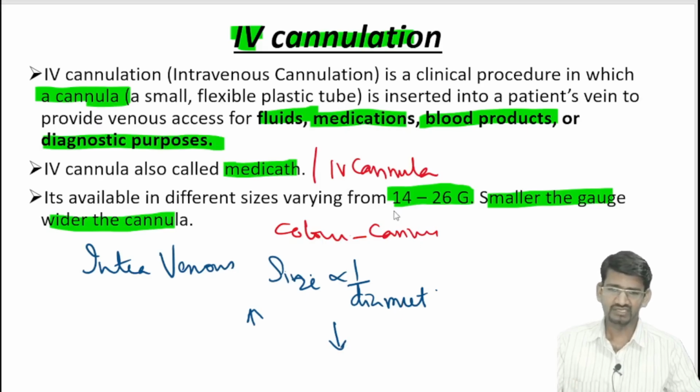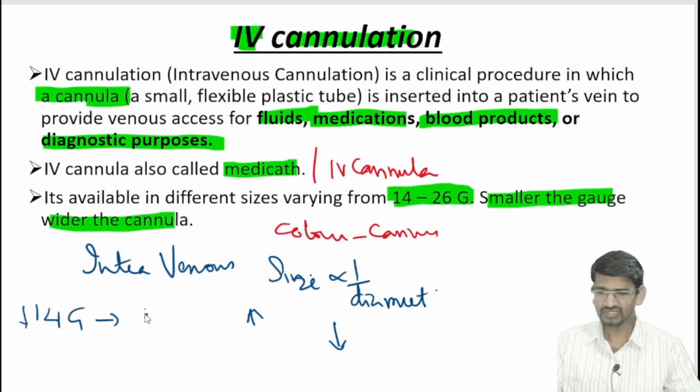Therefore the 14 is the maximum size of the cannula that we have, and the minimum size is 26. If you consider the 14 gauge size, what about the diameter? Diameter is inversely proportional, so the number is smaller and the diameter is more, meaning increased diameter of the cath or cannula. This is very important, you must understand.